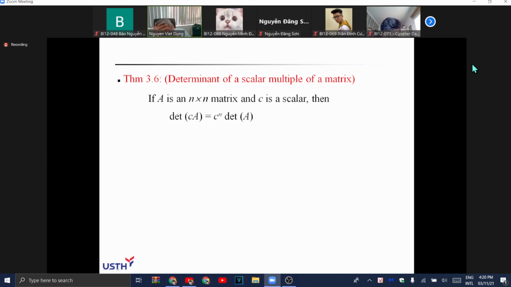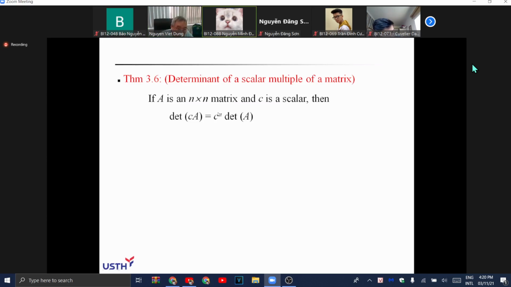It is very easy to see, because by definition CA, the scalar multiplication of A, means every entry of A is multiplied by the number C. And because of that, if you look at the cofactor expansion, any term in the sum will be multiplied by C^n.